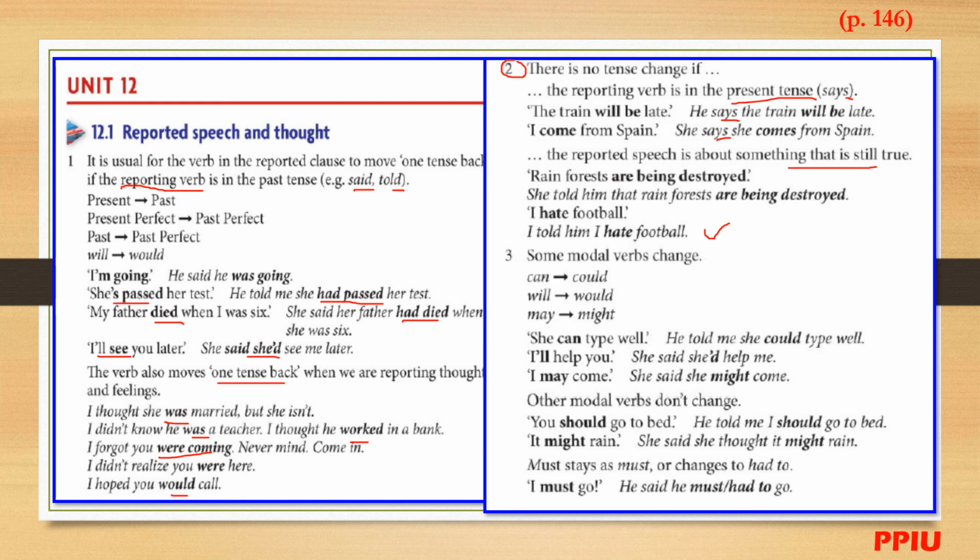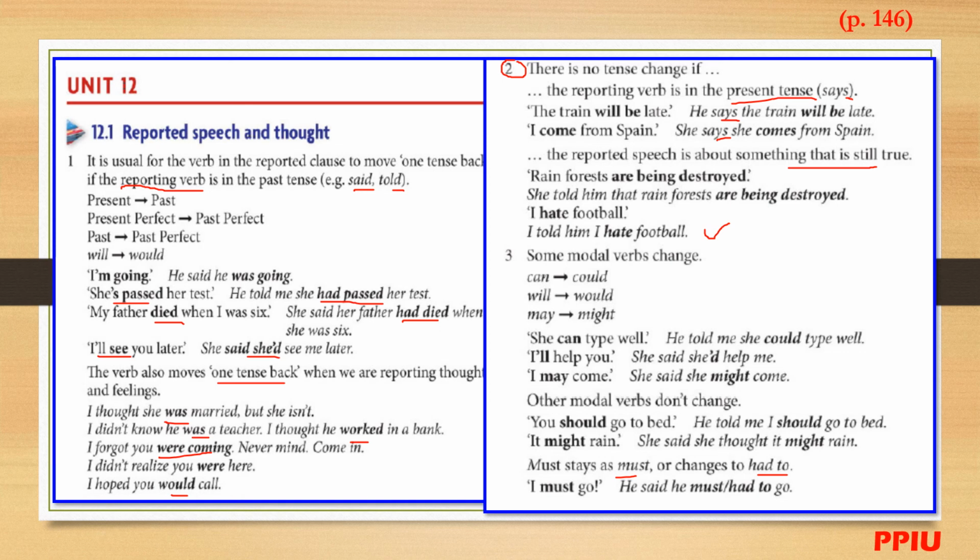It might rain, she said she thought it might rain. Must can stay as must or change to had to. It can be kept the same or changed to had to. I must go, he said he must or had to go.